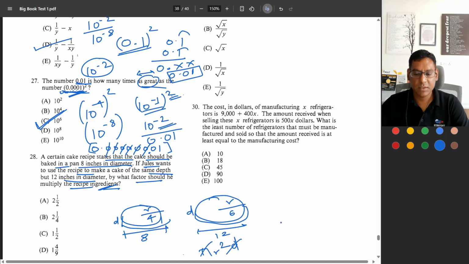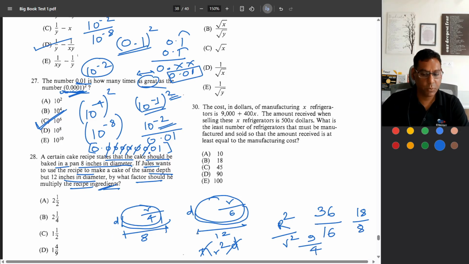What we have to do is the big radius square divided by the small radius square. The big radius square is 36, the small radius square is 16. So that means 18 by 8, that is 9 by 4. Correct? Do we have any 9 by 4 here? Yes, 2 1/4 is 9 by 4.